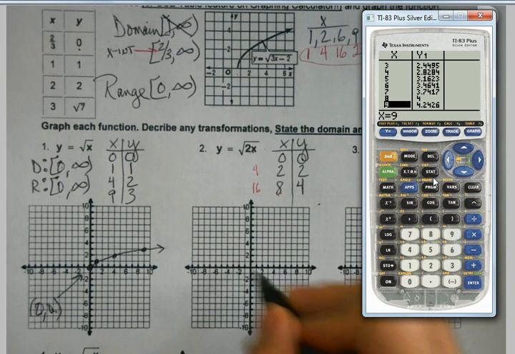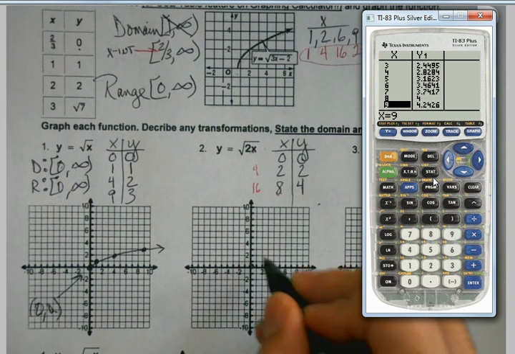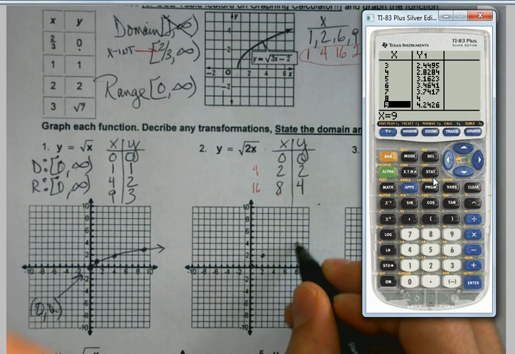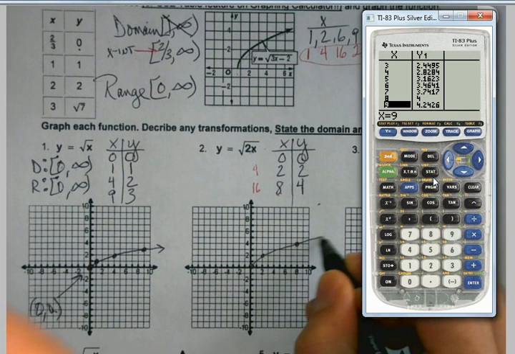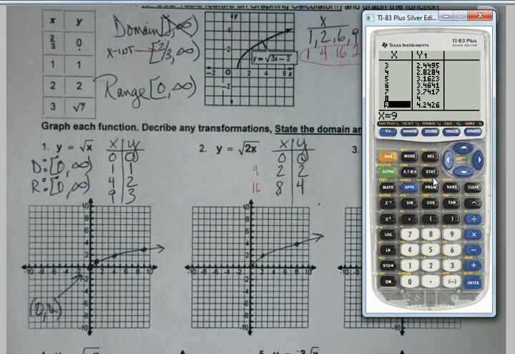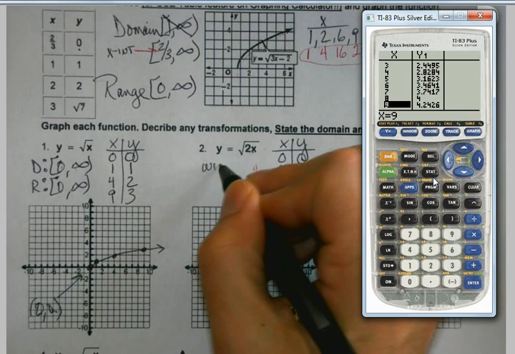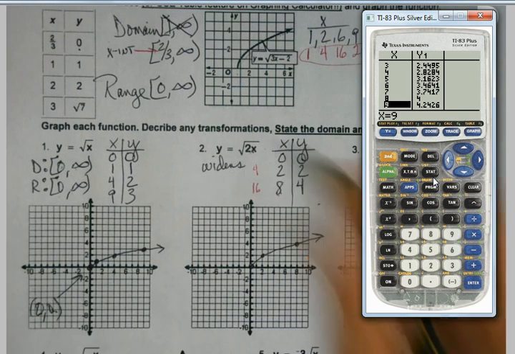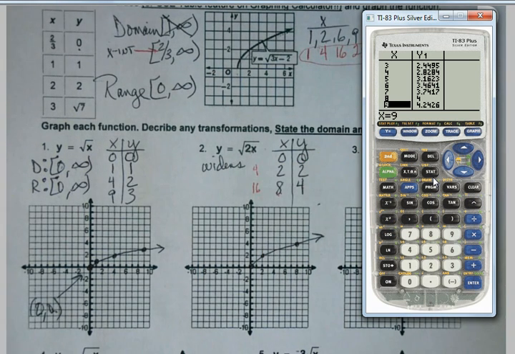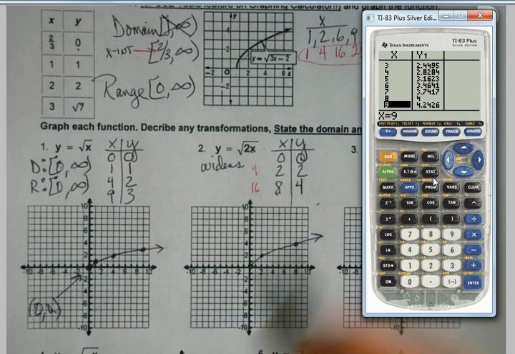stuff. Because if I use those and play connect the dots, I notice my graph widens a little bit. It gets a little bit stretchy for me because I've got a larger value in front of my x. But notice my starting point didn't change.